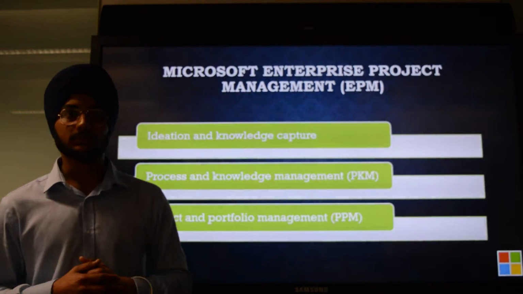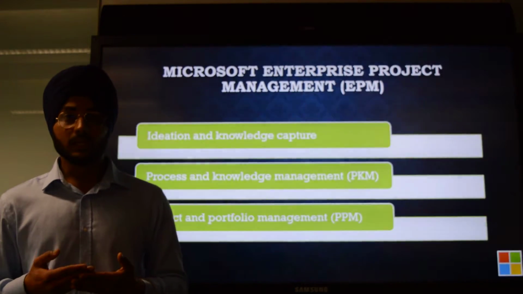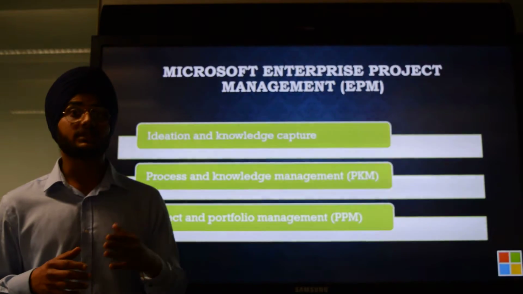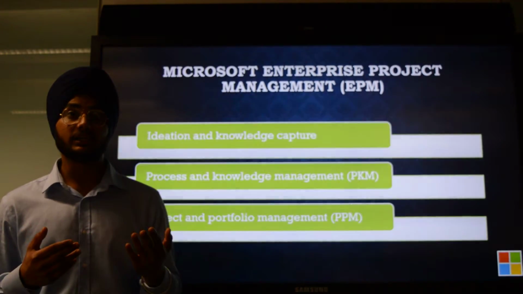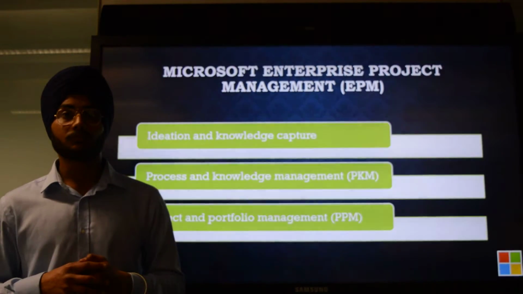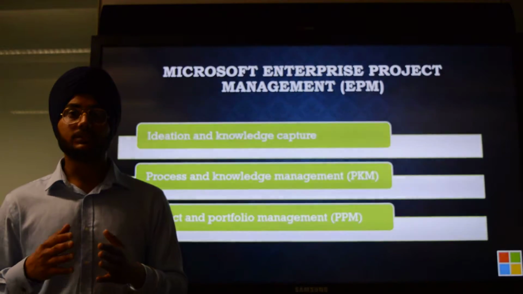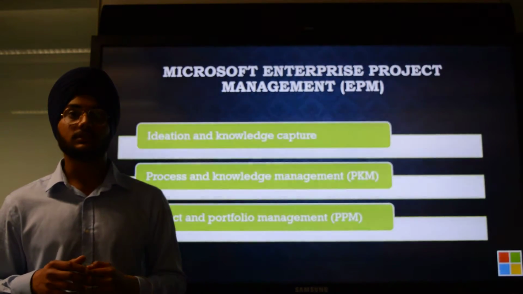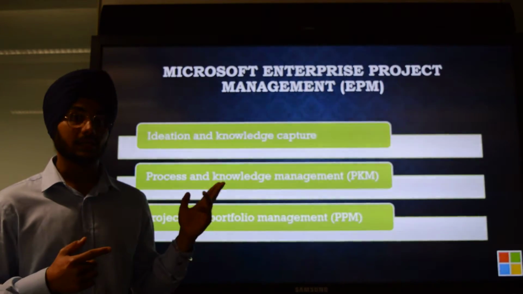Process and knowledge management helps you to investigate, formulate, evaluate, develop and promote an idea from concept to sanctioned projects while involving key stakeholders, internal and external to an organization. At last, project and portfolio management helps you to evaluate ideas according to governing strategic objectives such as growth, globalization, innovation and customer loyalty.